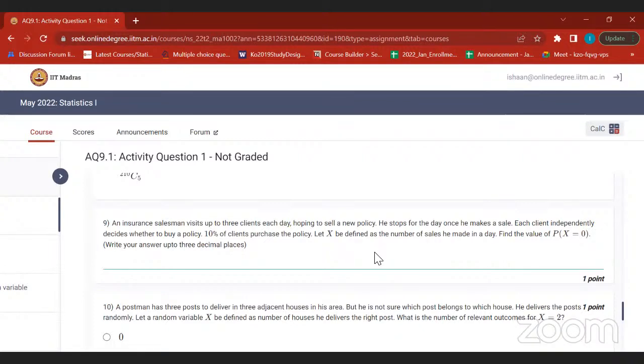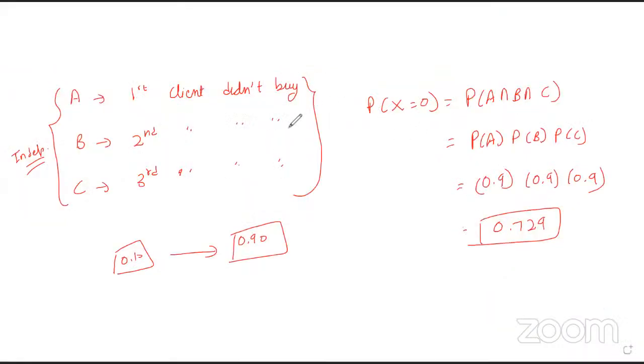Am I wrong, sir? You can take 1 by 4 only when each of these cases has the same probability. But here each of these cases has a different probability. For x equal to 0, meaning none of them buys, it's 0.729.